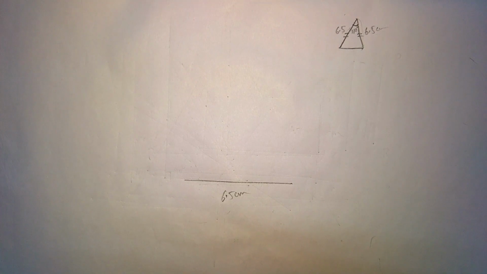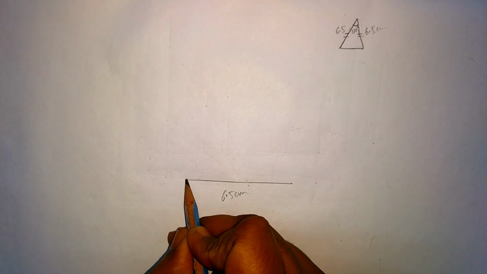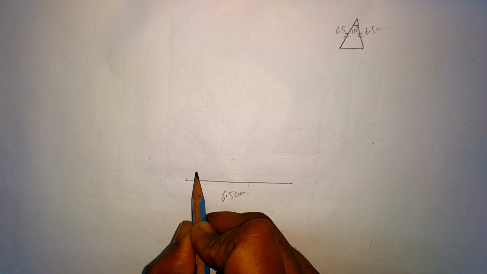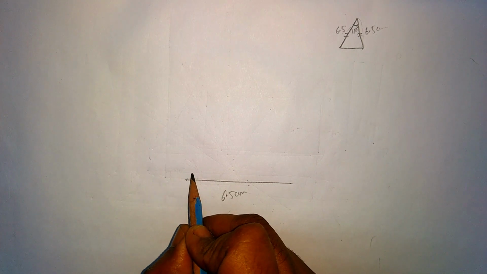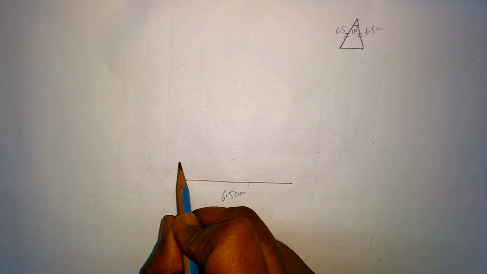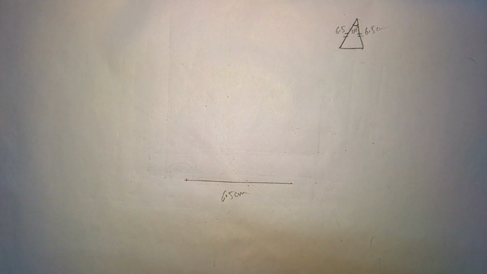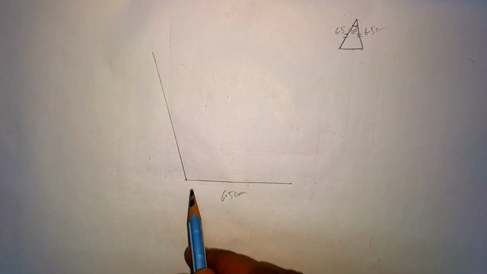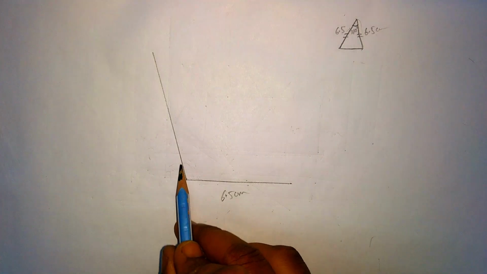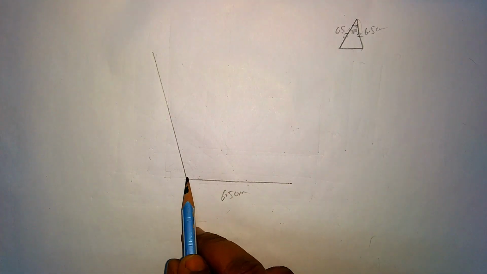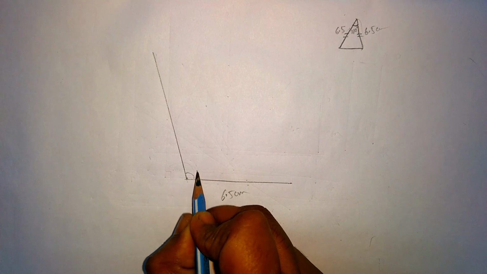Now with the help of protractor, we have to draw an angle of 110 degree. So with the help of protractor, I have drawn an angle of 110 degree.